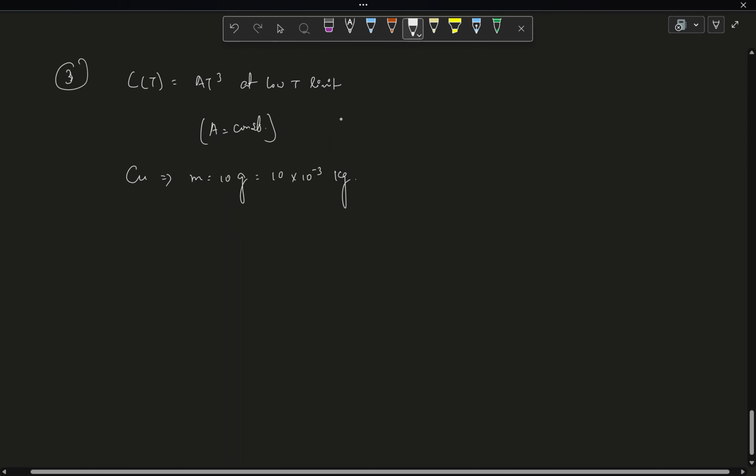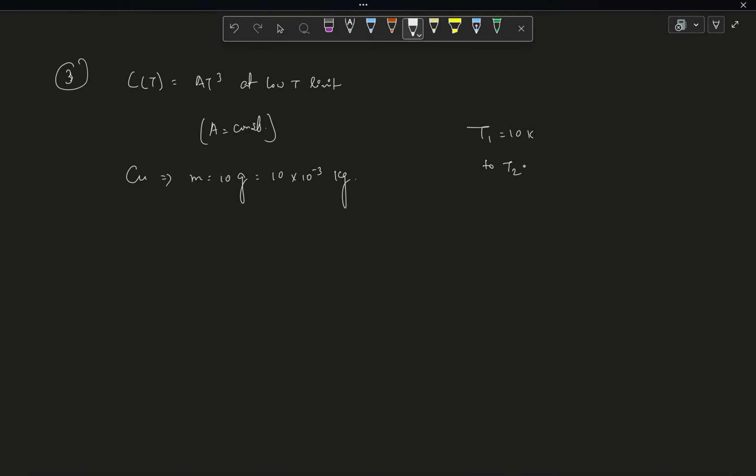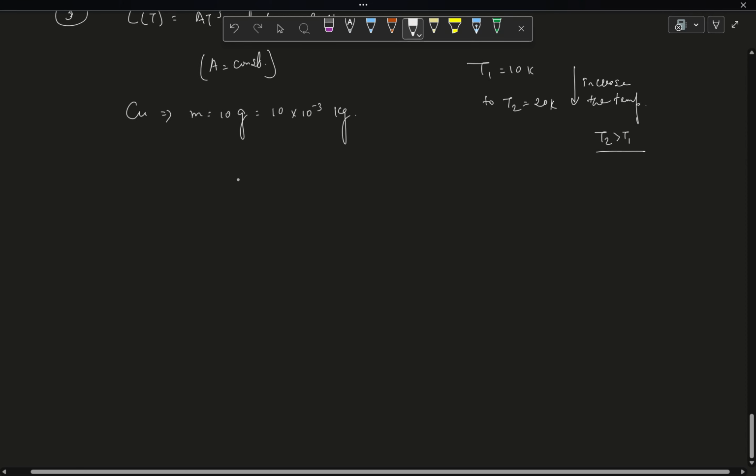And it is said that you have to change the temperature from T1 equal to 10 Kelvin to T2 equal to 20 Kelvin, so increase the temperature from T1 to T2 such that T2 is greater than T1. So in this process, how much heat has to be absorbed by that material under these conditions to raise the temperature from 10 Kelvin to 20 Kelvin?